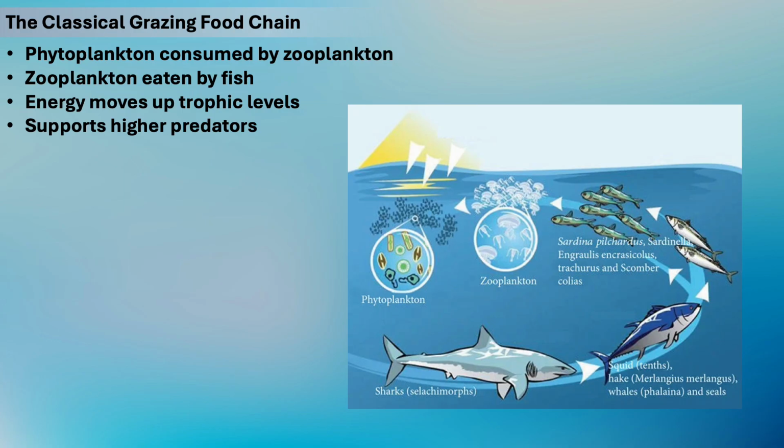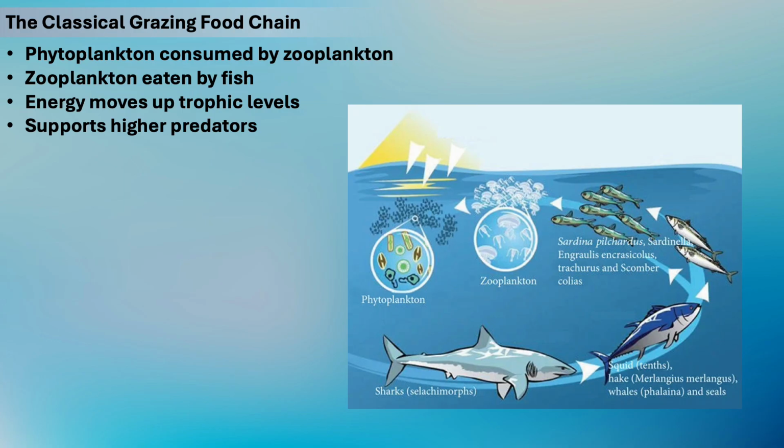The grazing food chain is particularly important in regions with strong nutrient input, such as upwelling systems or temperate coastal waters. In these environments, high phytoplankton productivity supports large zooplankton populations and productive fisheries.